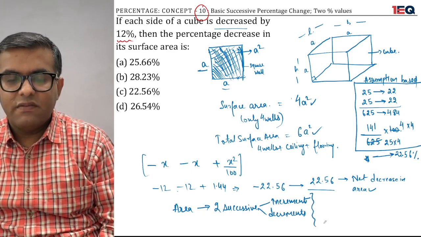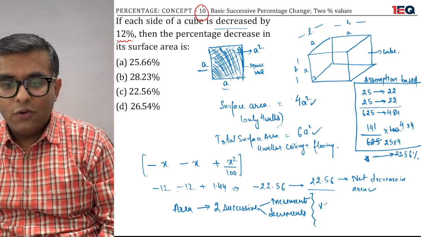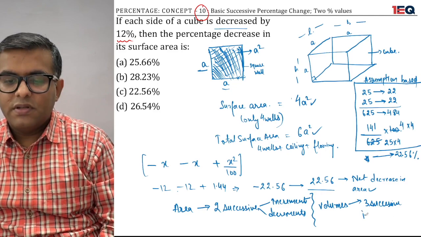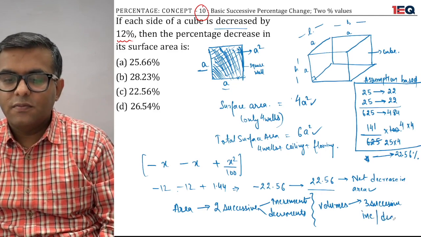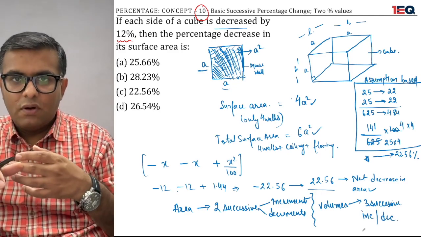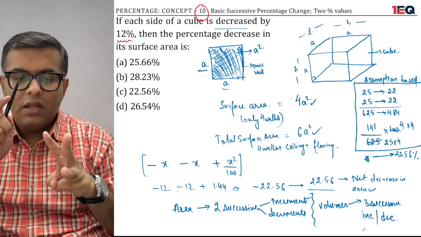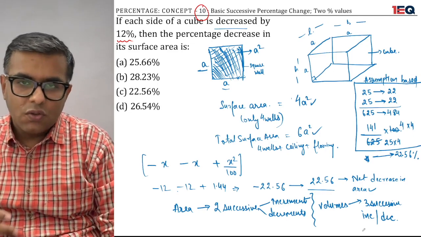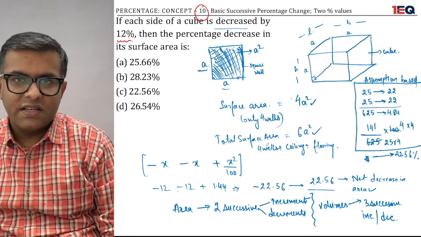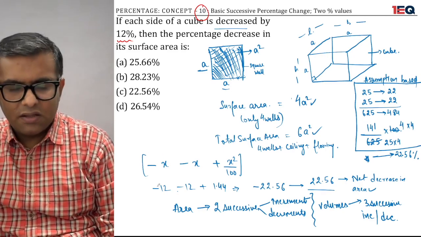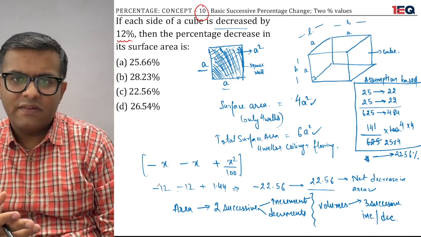In volumes, there are three successive increments or decrements. The variables involved would be three in volumes, and the variables involved in area would be two only. So when you know that the variables involved are two only, you can quickly assume x to be 12% and the other y also to be 12% and plug in the values.